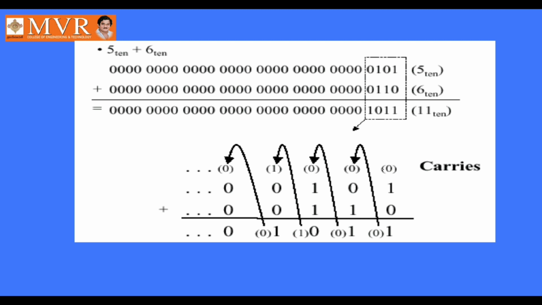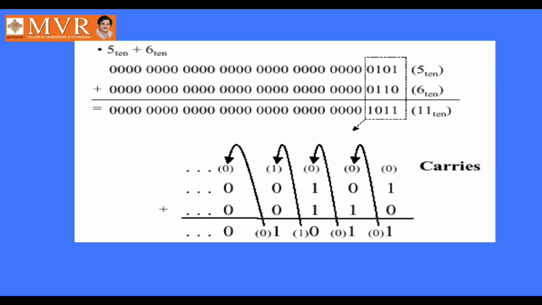Here you can see that many numbers are given. It is assumed that these 5 and 6 are 32-bit registers. You can see 5 is represented using 32 bits here.